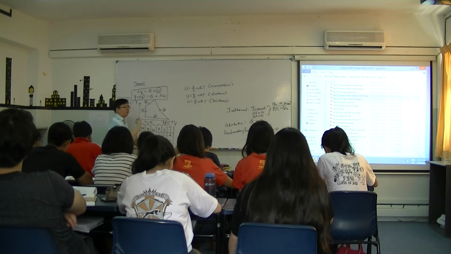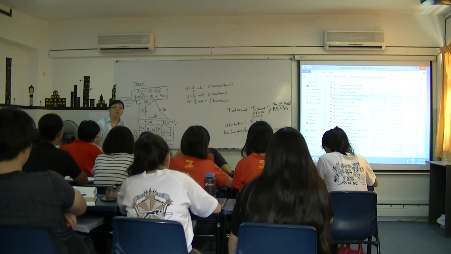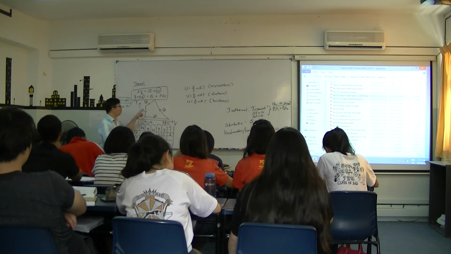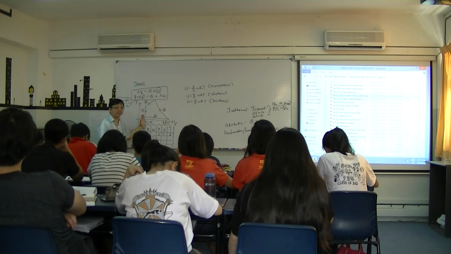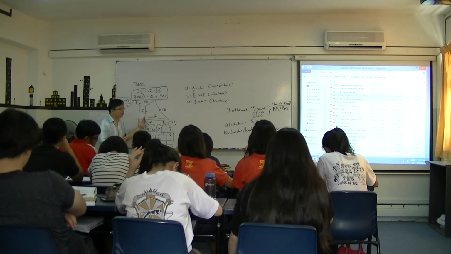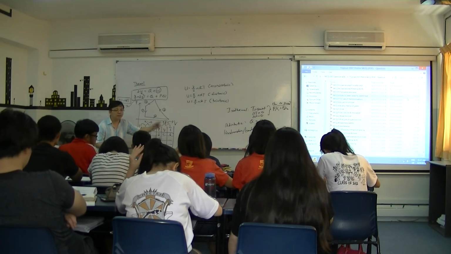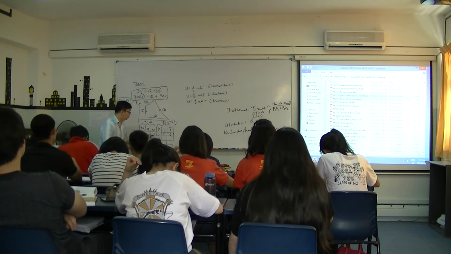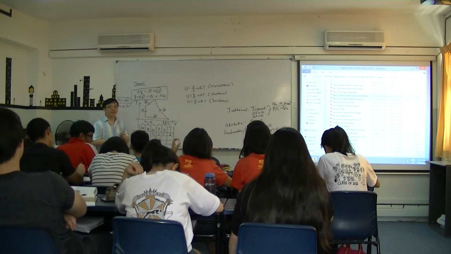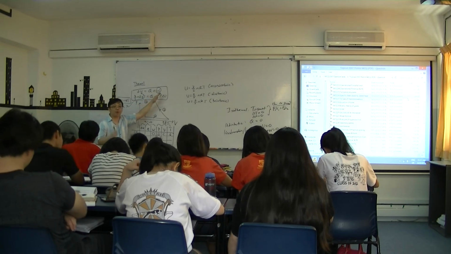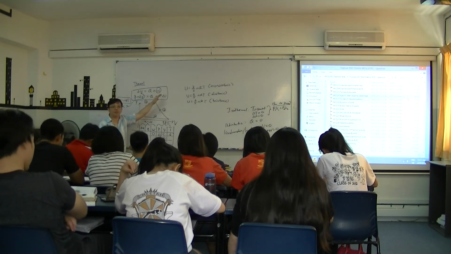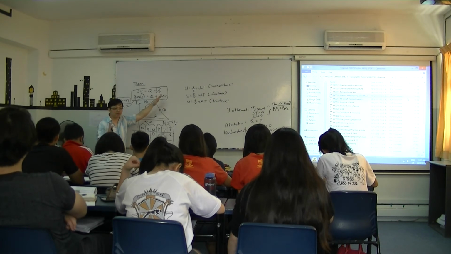How to see compression? Volume drops. In this one, volume doesn't change, so W is 0. I say again, W can be seen instantly as positive or negative: compression means positive, expansion means negative. As simple as that.